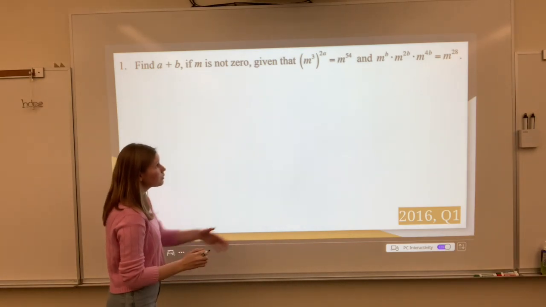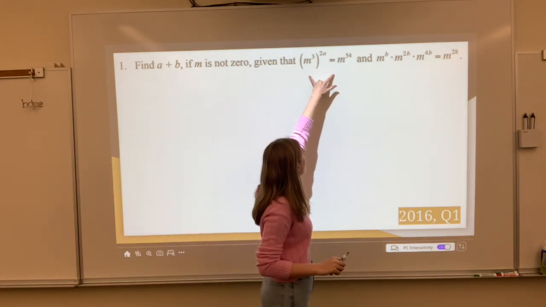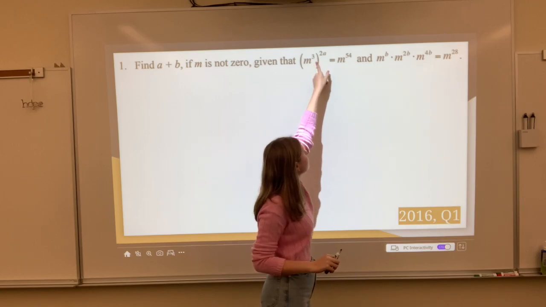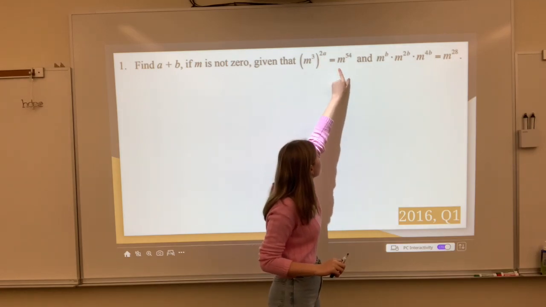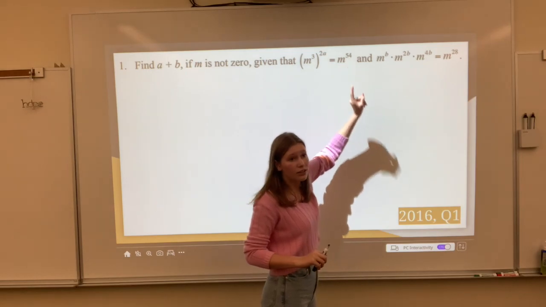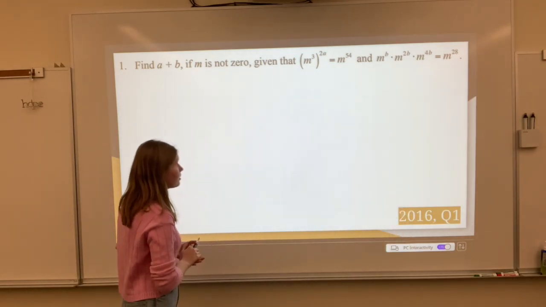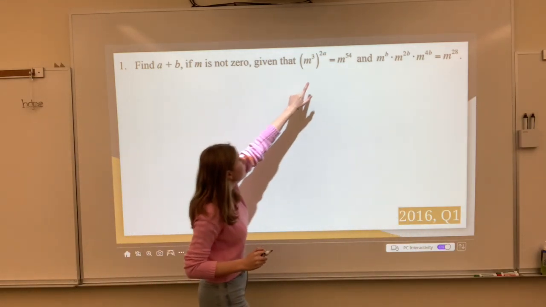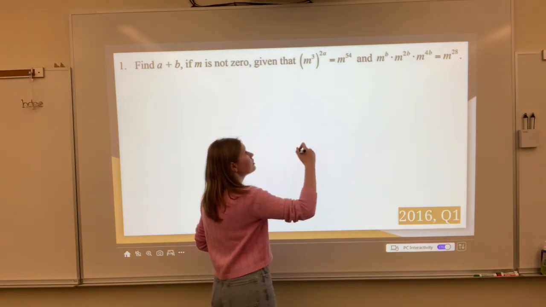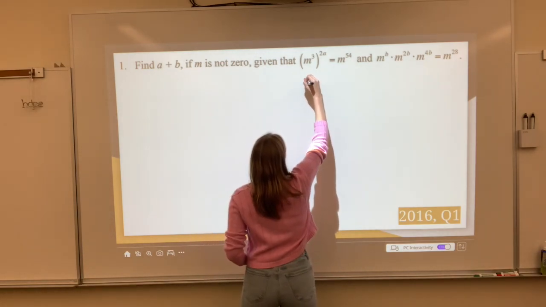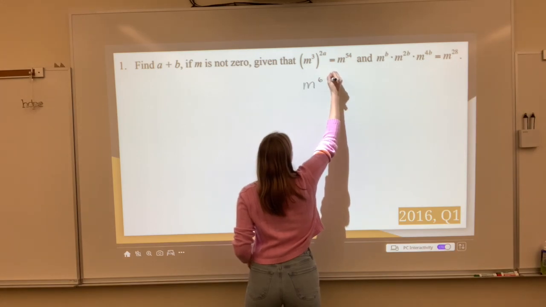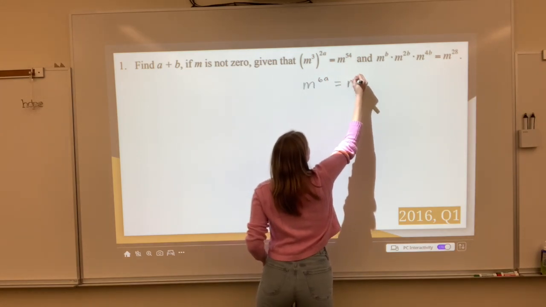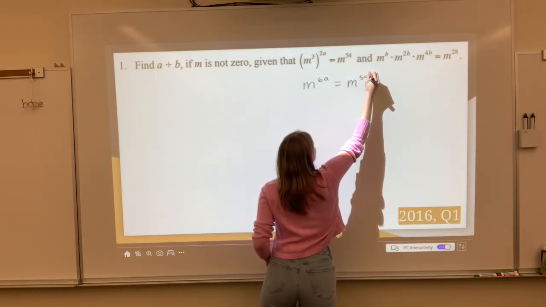Okay, let's start with our first equation here. We have m cubed to the 2a is equal to m to the 54 power. So first things first, I'm going to simplify this. I'm going to say m cubed to the 2a is the same thing as m to the 6a. Right?